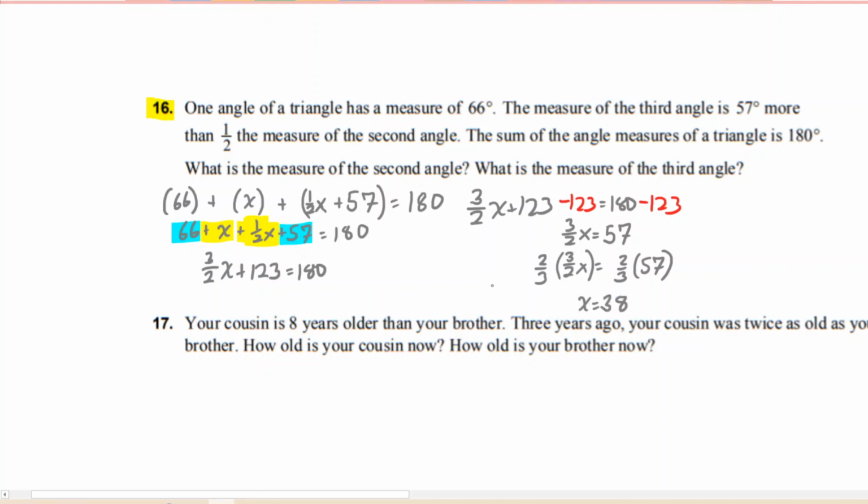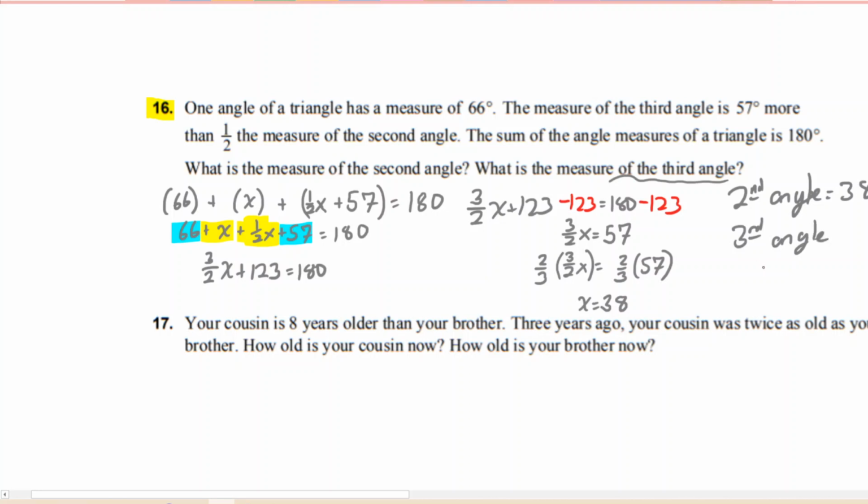And that's going to give me 38 for x. Okay, x was the second angle, so the second angle is equal to 38.